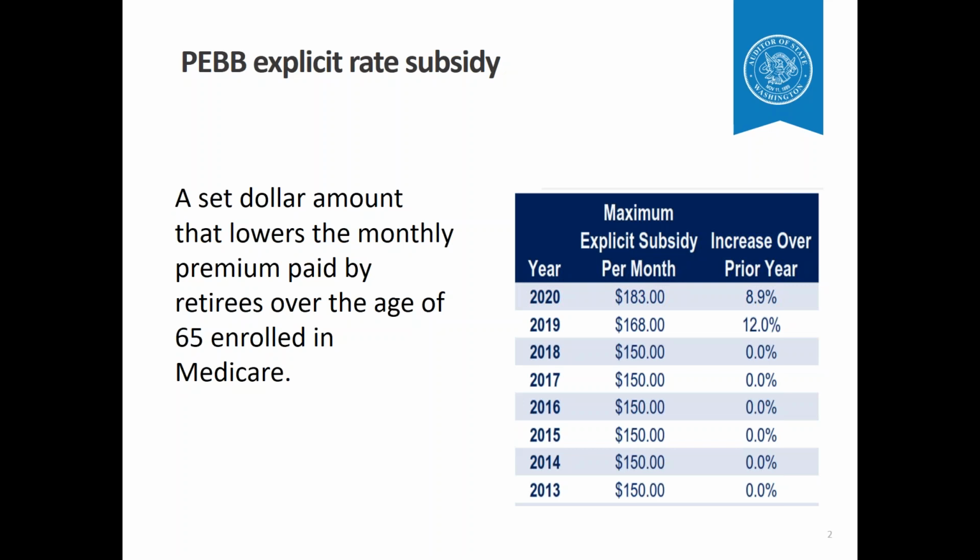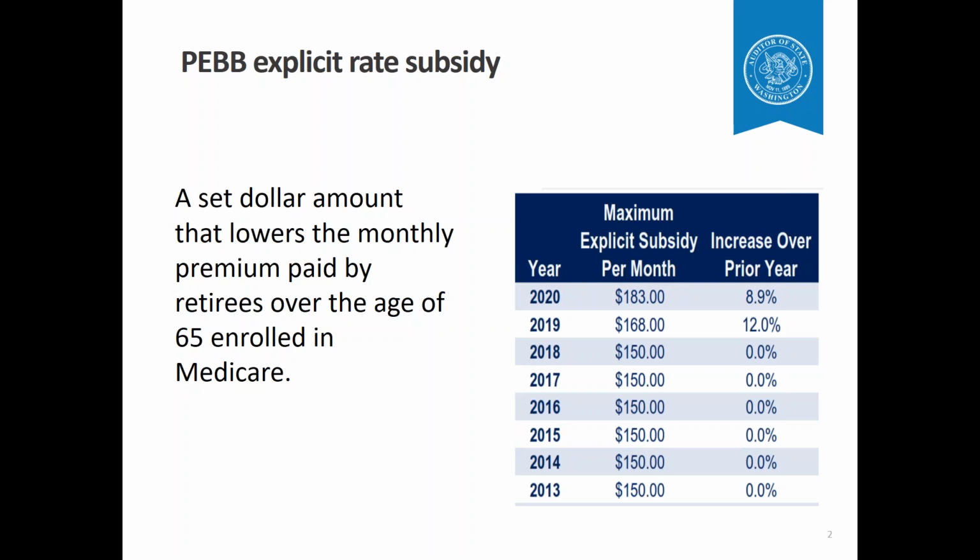And here's a chart that goes from 2013 to 2020. For a few years, it had been $150 a month. And you can see by 2020, it's been indexed for inflation, so it's up to $183 a month. Now, you don't pay that $183 a month. That's what they receive in a subsidy.